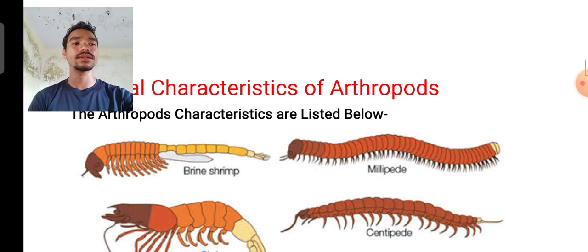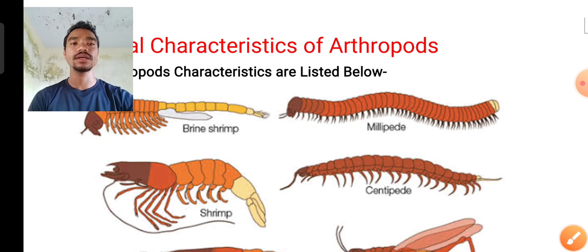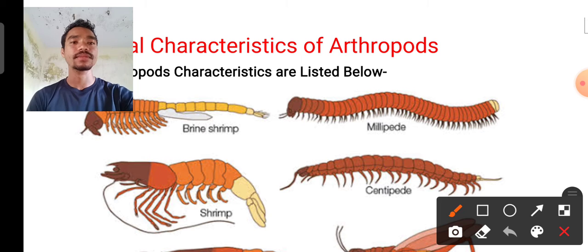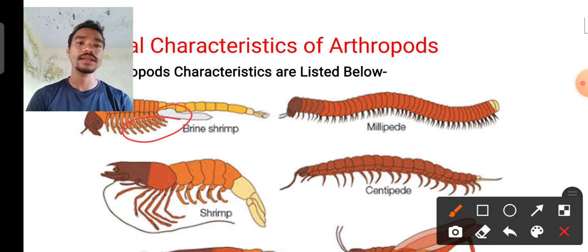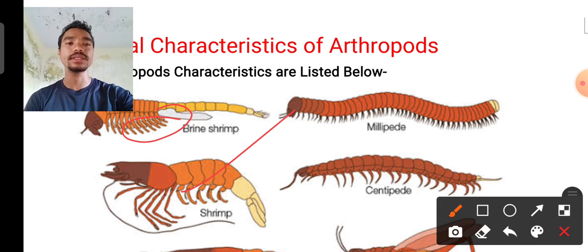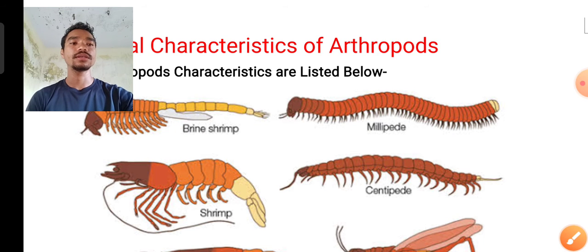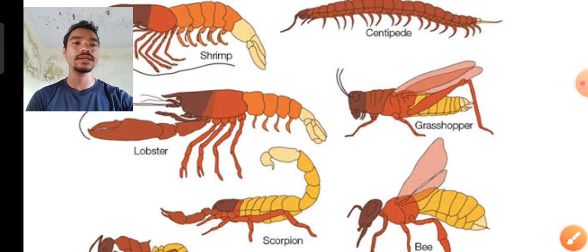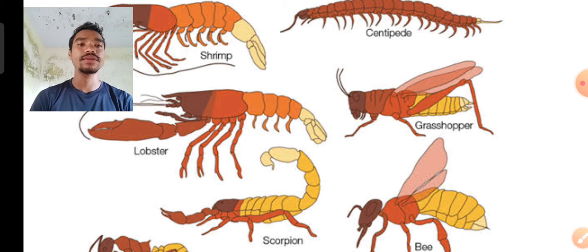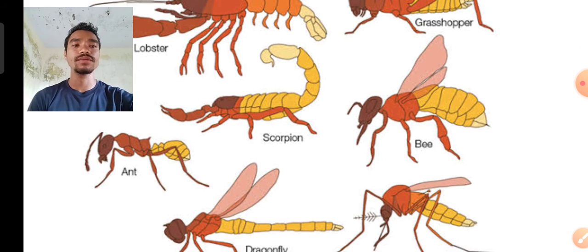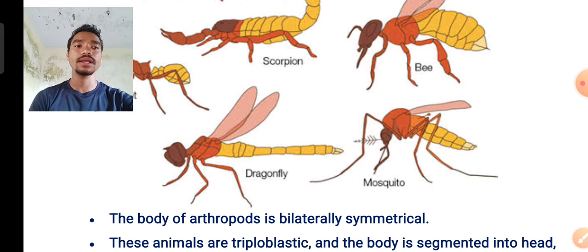We can see different images here, where the different appendages are joined to one another at points, so we call these arthropods. It's very simple to understand. Examples are lobster, grasshopper, scorpion, bees, drosophila, and mosquito. These all come under arthropods.